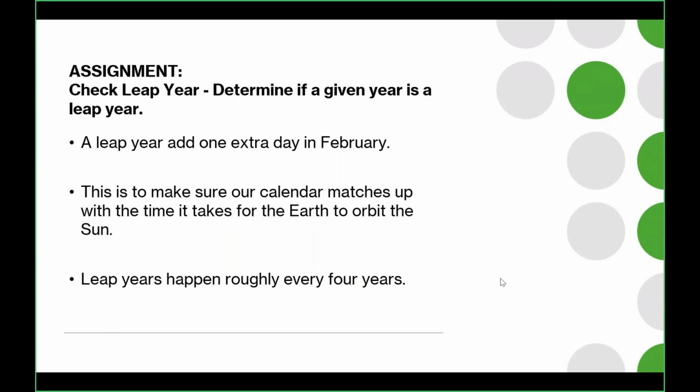We say a leap year adds one extra day in February, so that usually makes February 29 days. This is to make sure our calendar matches up with the time it takes for the Earth to orbit the sun. Leap years happen roughly every 4 years.